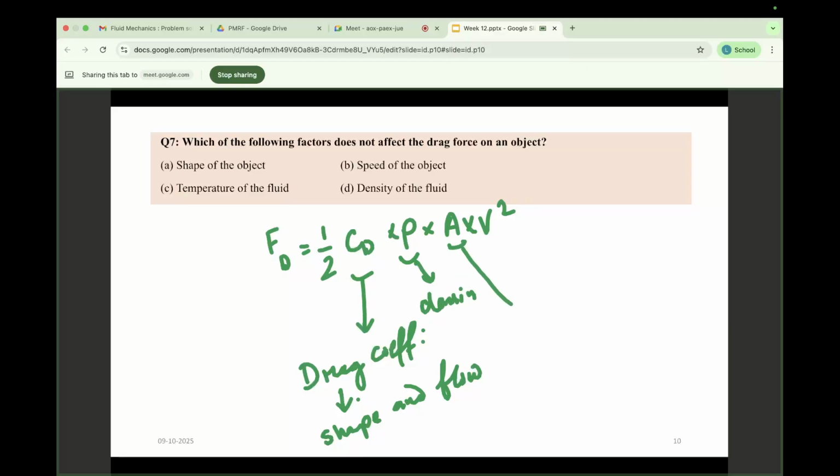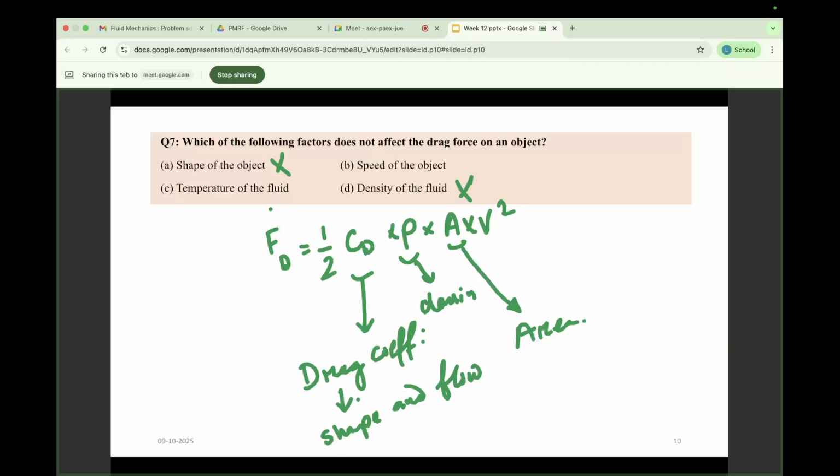Next is area, A. So these two factors don't depend on the density of the fluid. So option A will not be the correct answer. D will not be the correct answer because the shape of the object is something we have got.